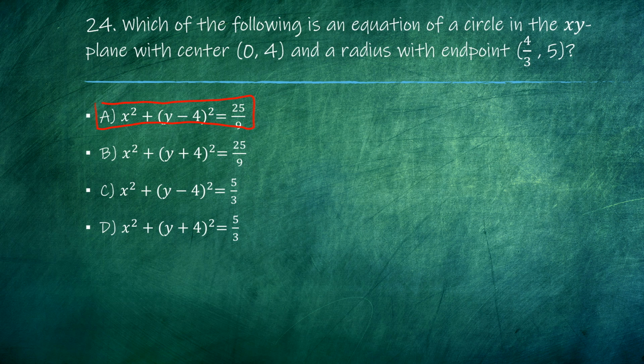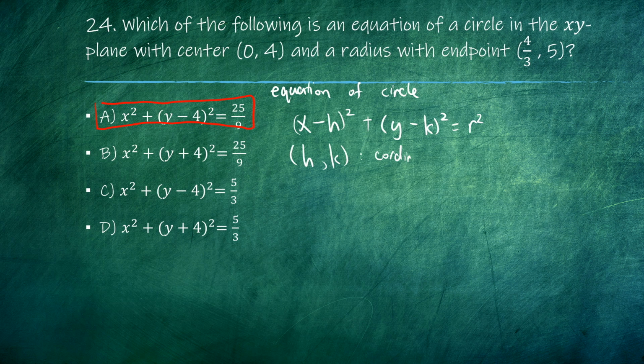To begin, let's review our equation of a circle. When we have (x - h)² + (y - k)² = r², the point (h, k) is the coordinate of the center, and r is the radius of our circle.